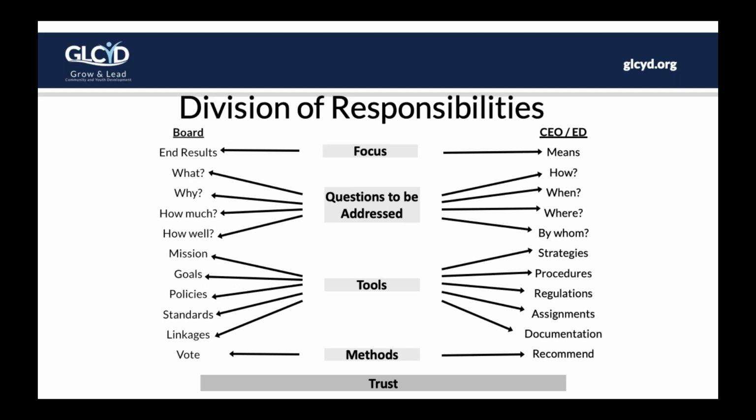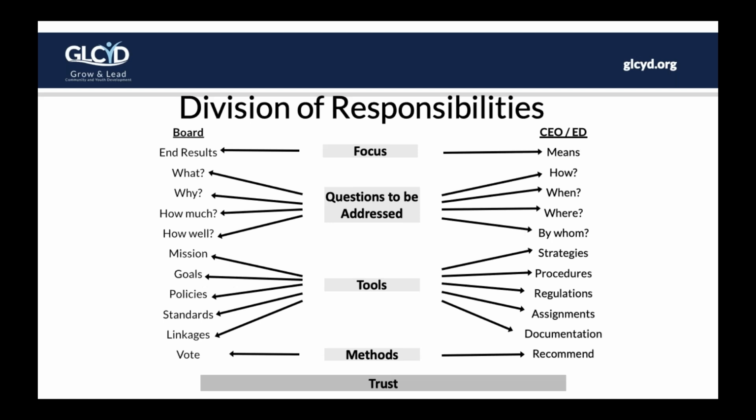And that ED then makes recommendations to the board. The board's response is really concerned about end results, the what, the why, how much, how well are we doing with this one? They're looking for mission and goals, and then their power is in the vote, the final say. They actually have the final say.